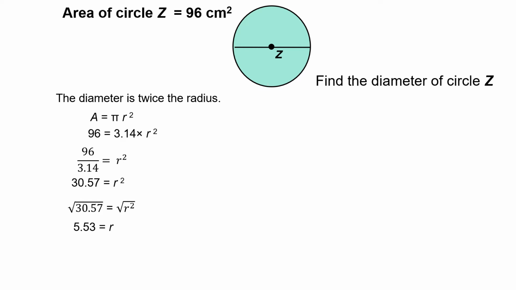Now is this our final answer? Good. So if we have our radius and we are asked to find our diameter, that means we have to multiply our radius by 2. So 2 times 5.53 gives us 11.06.